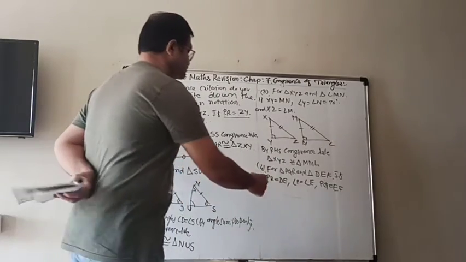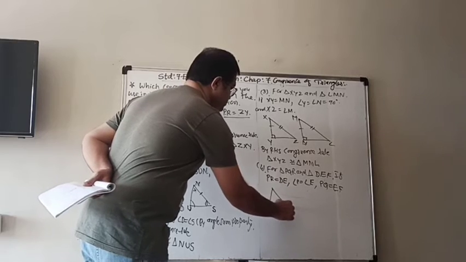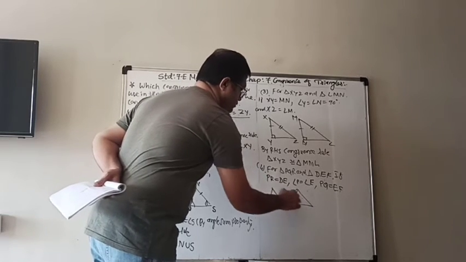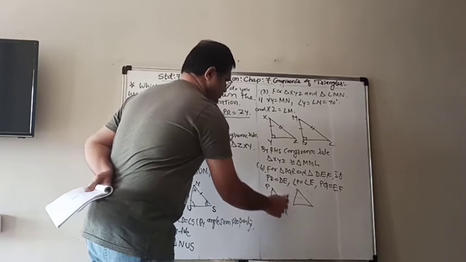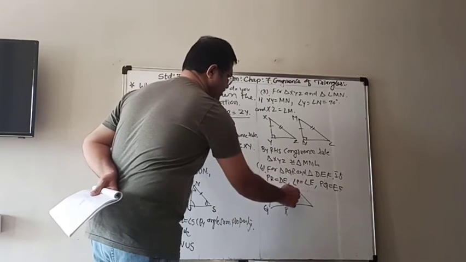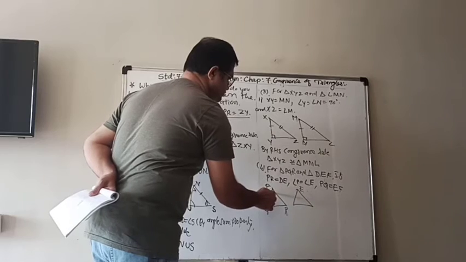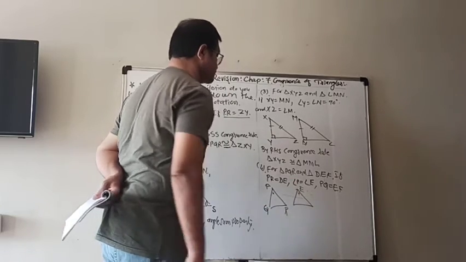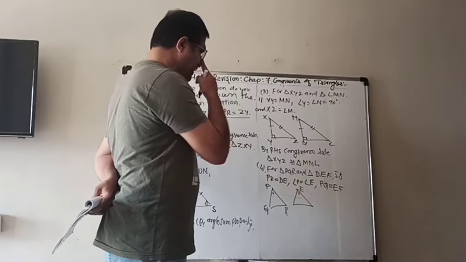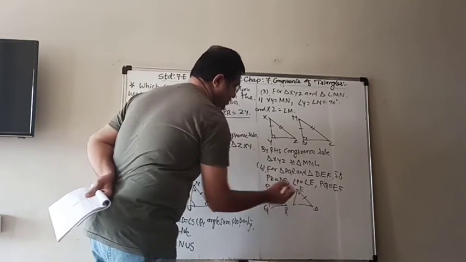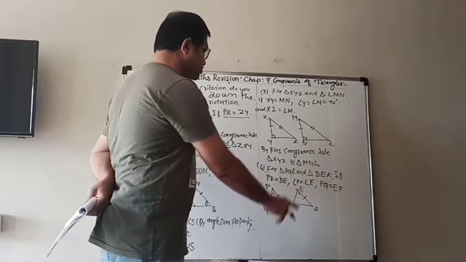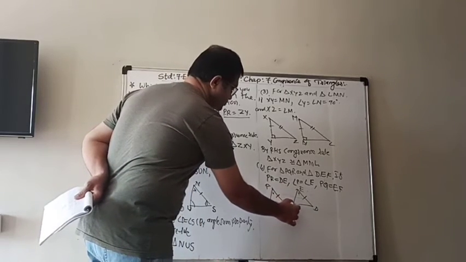So now triangle PQR. First check the angle. Angle P is with angle E. PR is equal to DE. PR is here, so we will write down E here. PQ is equal to EF.